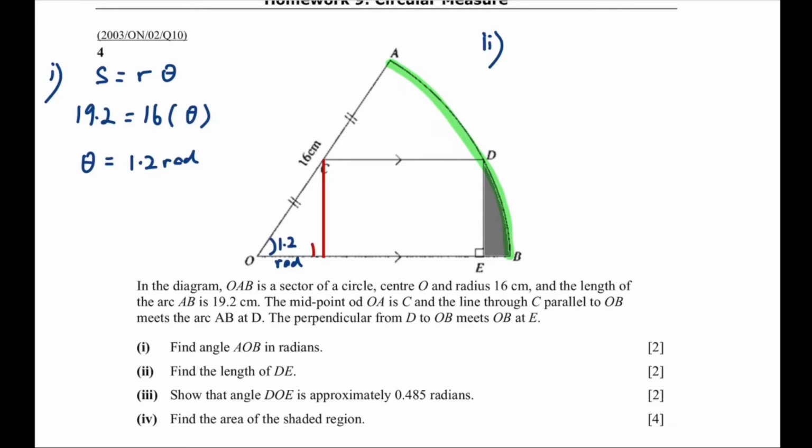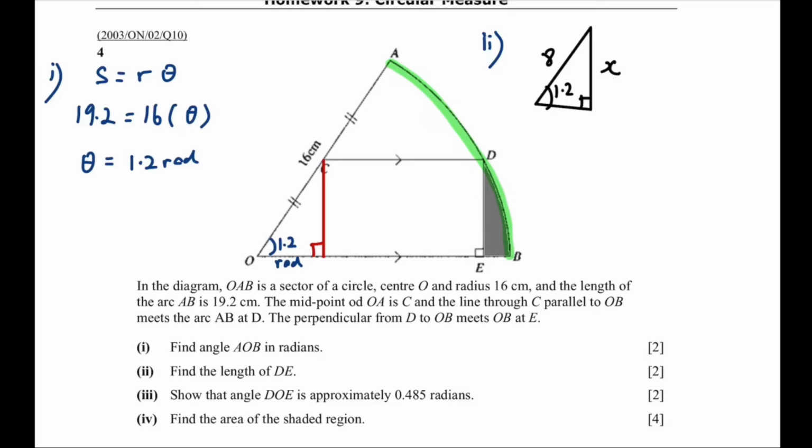And this is 90 degrees. 16, so this will be 8. So this is a right angle triangle. You need to find this, so label it as X. This is the same as DE. This one is half of the radius, so that will be 8 cm. And this one is 1.2 radian.